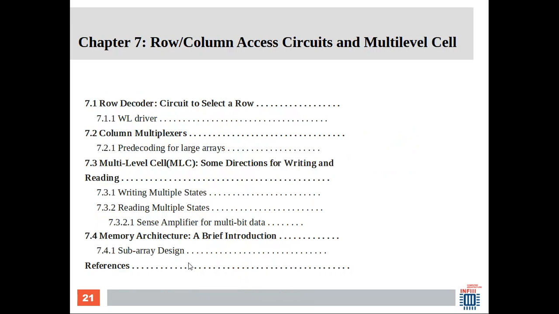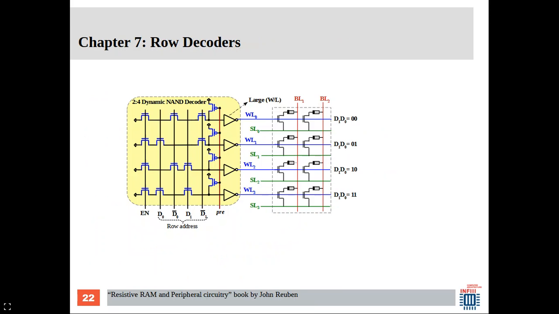And chapter 7 is about the row and column decoders, and also about multi-level cell, and a brief introduction to memory architecture. So again, just to give a sneak peek, it's some schematics like this.